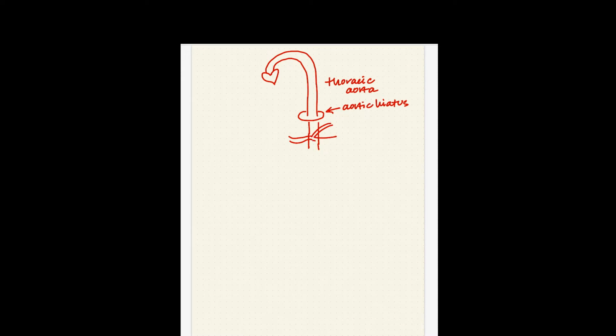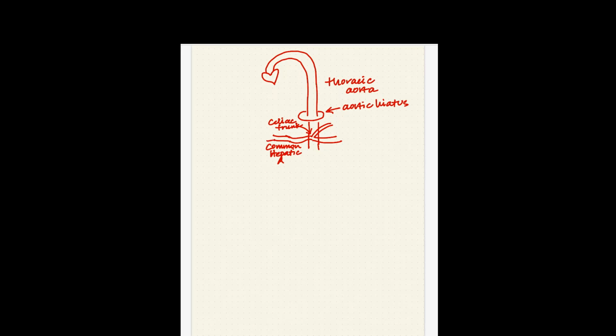And our first major branch that comes off of the abdominal aorta is called the celiac trunk. And this has three vessels that branch off of it. The first one we're going to follow over to the right side of the body. And this is the common hepatic artery.